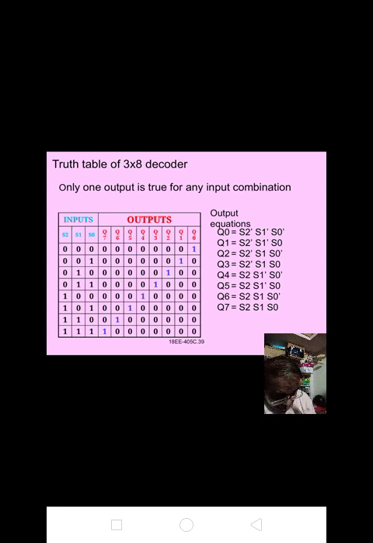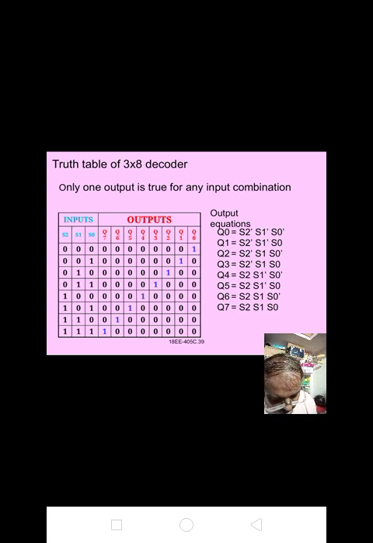For 0 0 0, output is 0 0 0 0 0 0 0 1, that is Q0 equal to 1. For 0 0 1, 0 0 0 0 0 0 1 0, that is Q1 equal to 1. For 0 1 0, 0 0 0 0 0 1 0 0, Q2 equal to 1. For 0 1 1, 0 0 0 0 1 0 0 0, Q3 equal to 1.